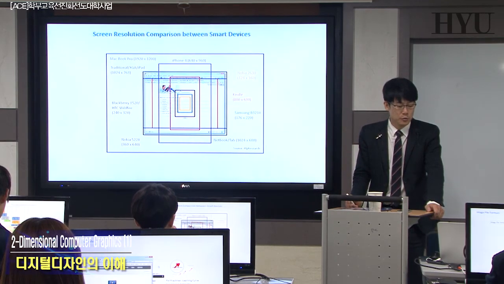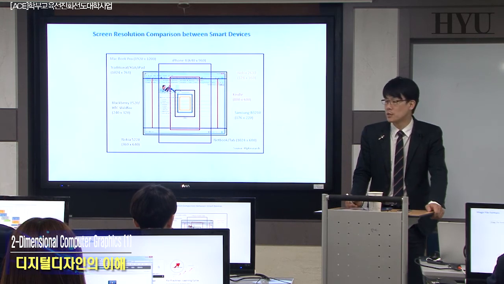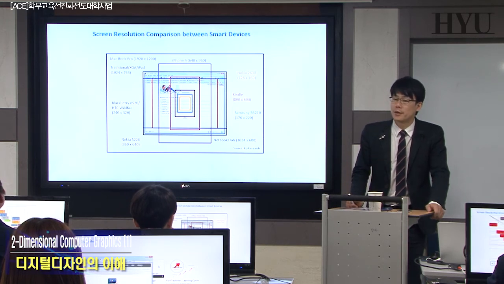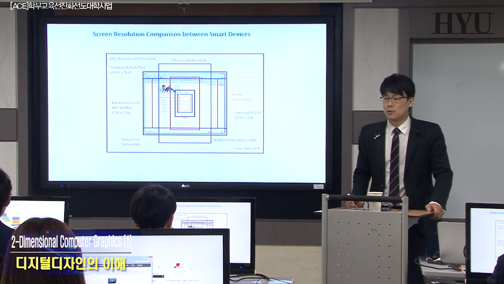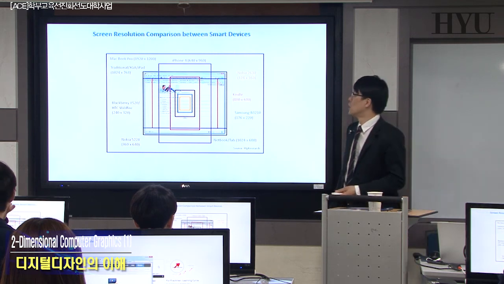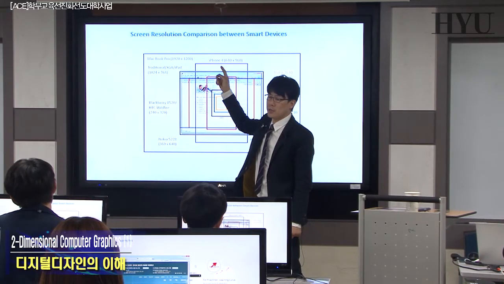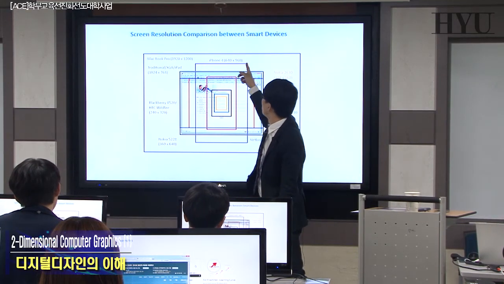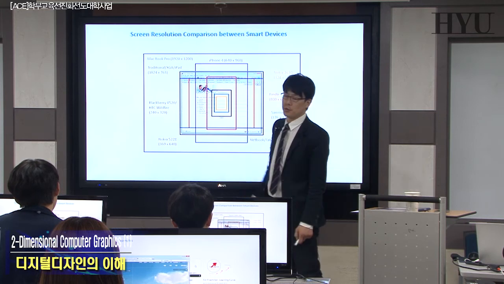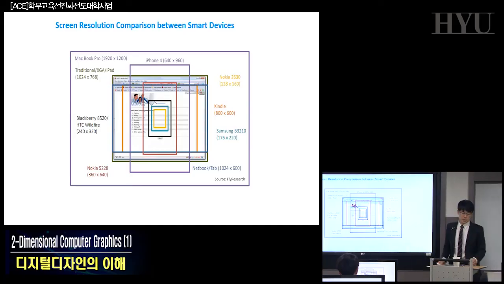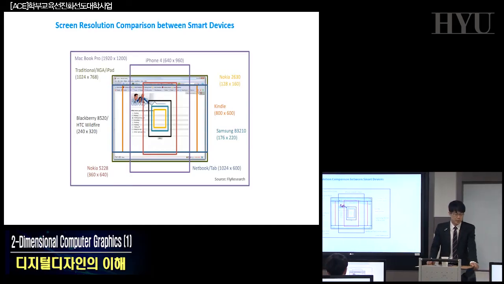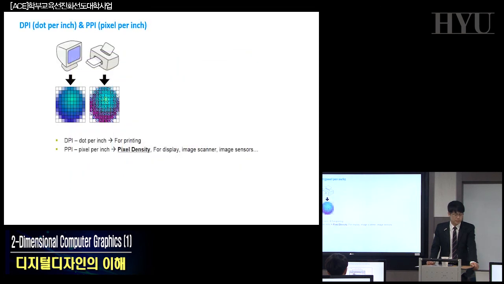This slide shows you some comparison between different devices, just for screen size, not device size, okay? In terms of resolution, if we assume pixels are exactly the same, iPhone 4 is here because its resolution is 640 by 960, something like that.